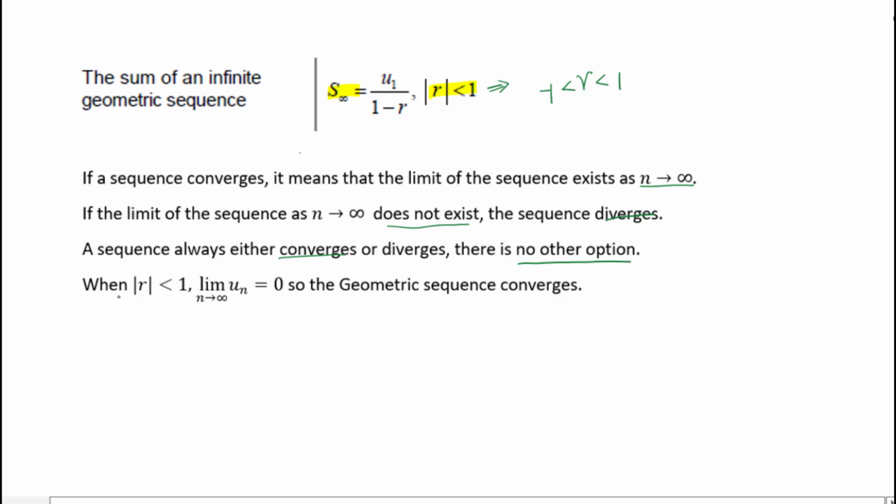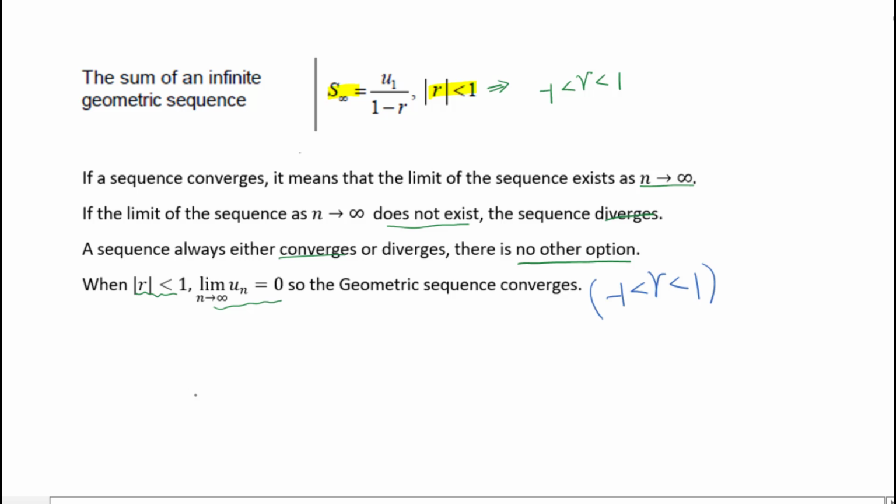When the absolute value of the common ratio is less than 1, the limit as n approaches infinity of the geometric sequence U sub n equals 0. So the geometric sequence converges when the common ratio is greater than -1 and less than 1.